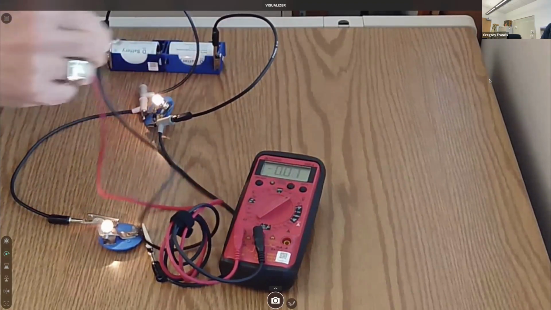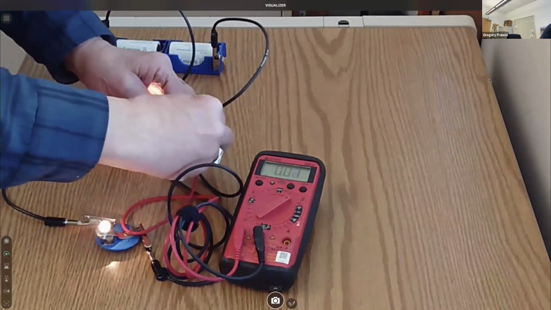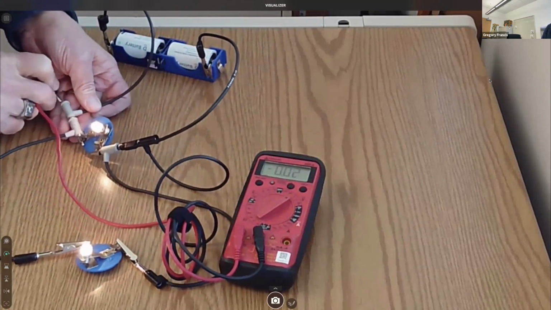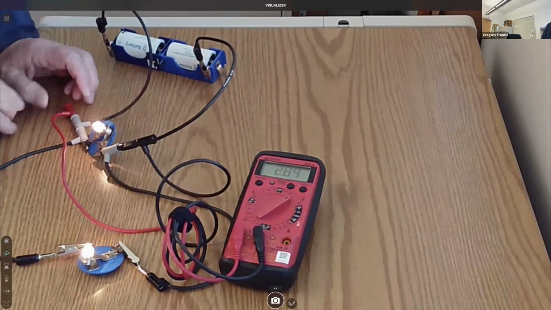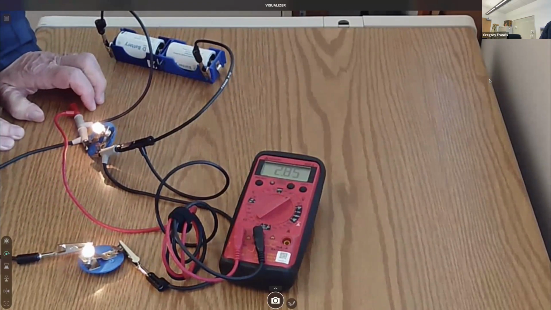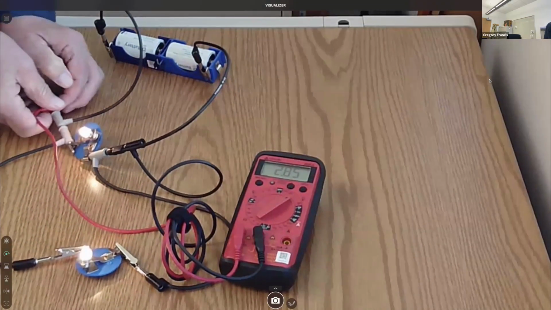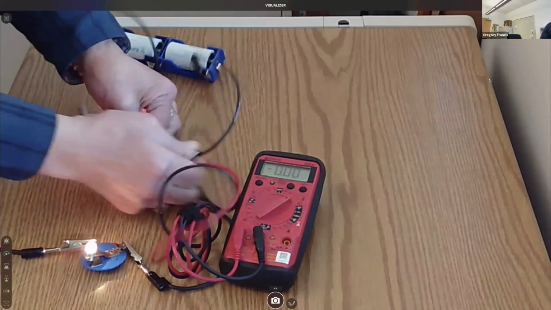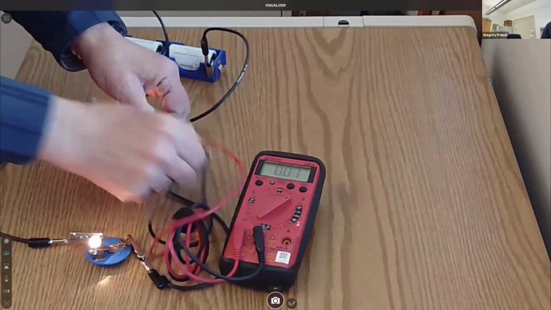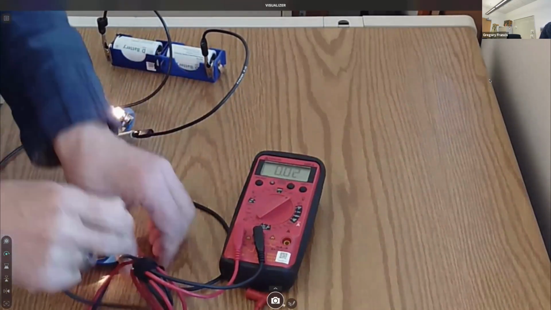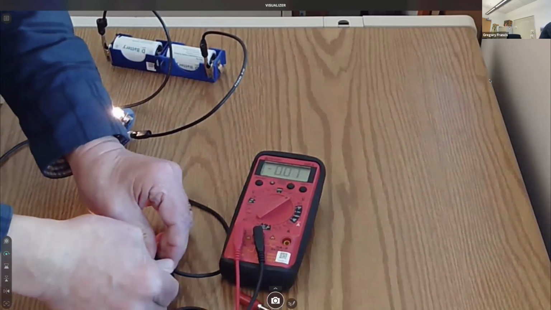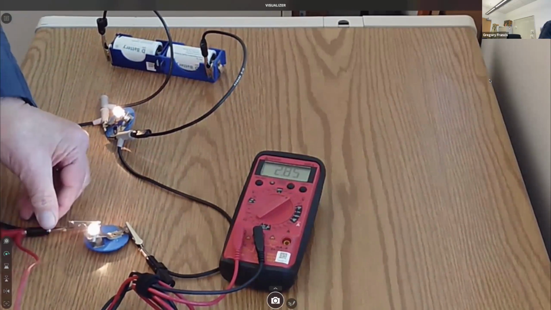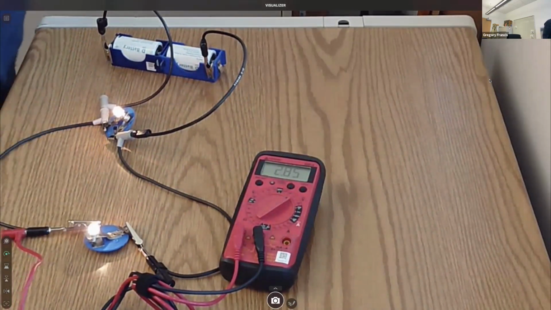And then if we take a measurement across this first bulb, the one that's closest to the battery, I get 2.85. And if I take the measurement across the second bulb, I get 2.85.